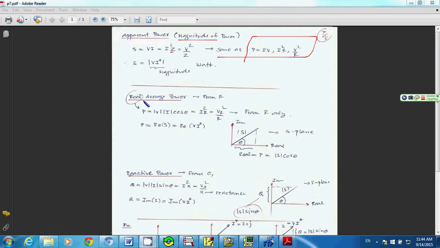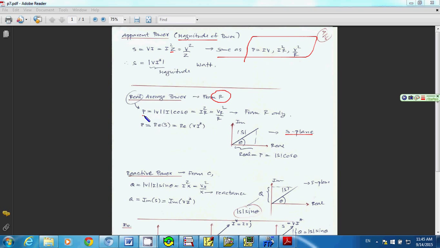Now you take a look at the real or average power. As I told you before, just take a look at the S plane, right? This is the magnitude of S. So the real part here gives you a power. So that's what we call real power. And you get it from the resistor. And in this case, you have P equal to S multiplied by cosine theta.